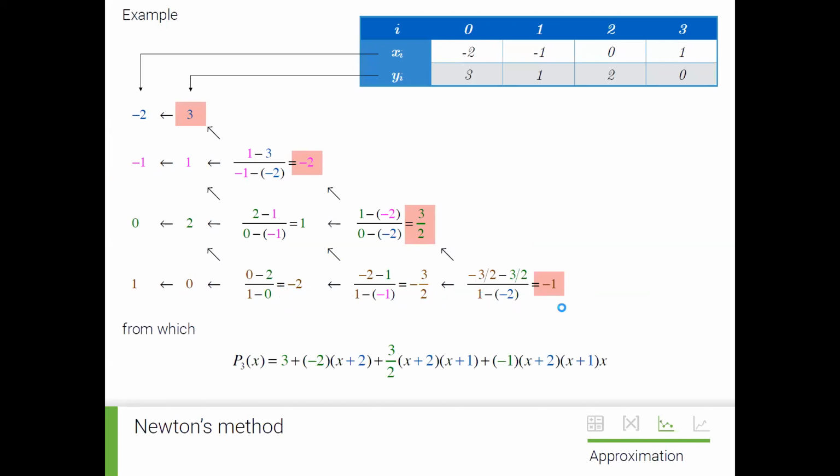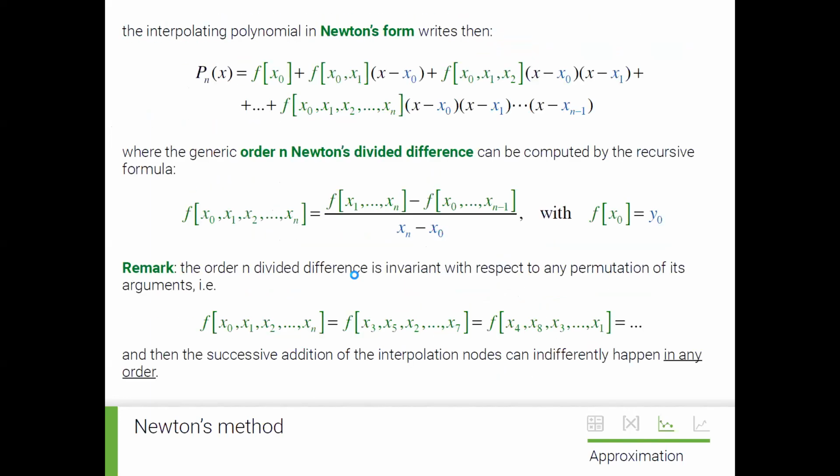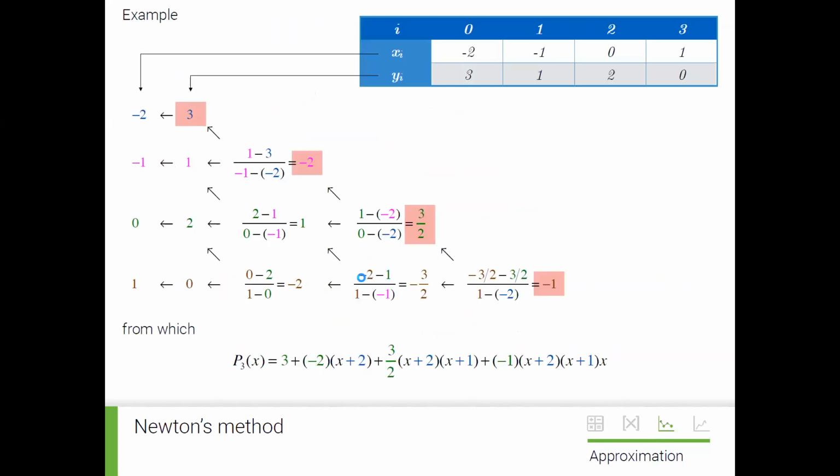After computing, we obtain -1. And now we have all coefficients from this general form. Now let's put these coefficients into our polynomial.